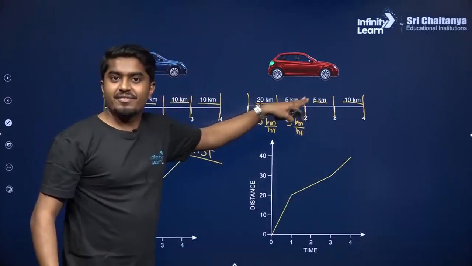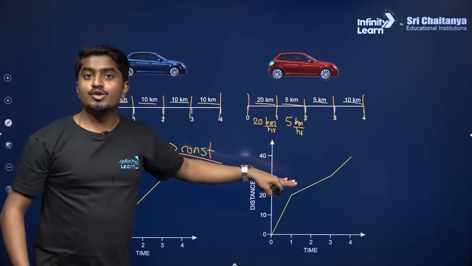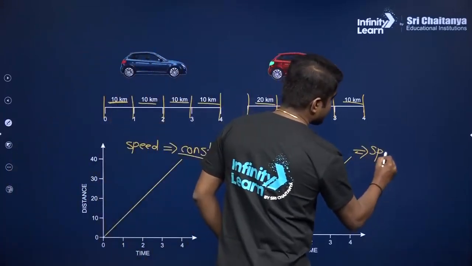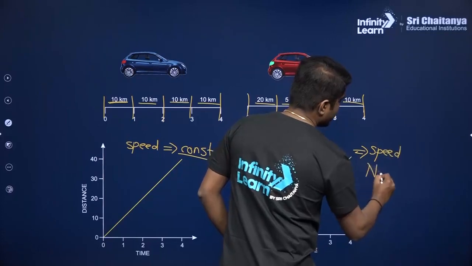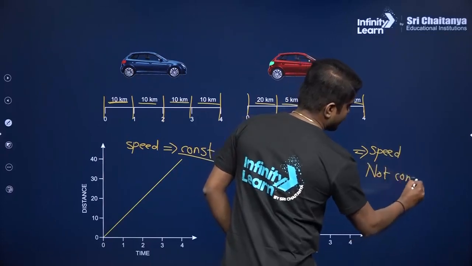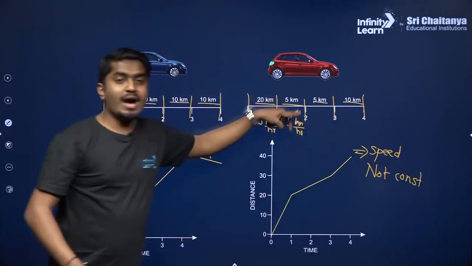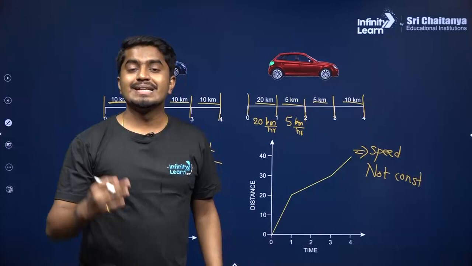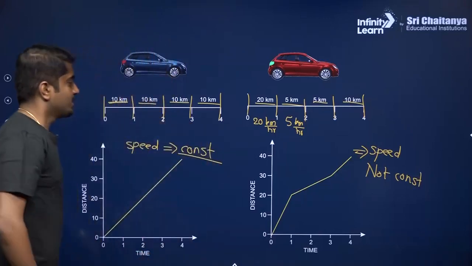So the speed is different. So this is a non-uniform motion, or you can say the speed is not constant. Whenever you have a non-uniform motion, the speed is not the same, not constant.